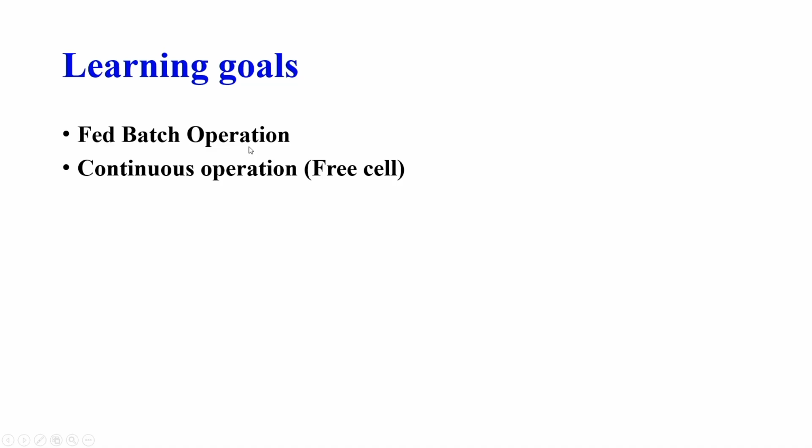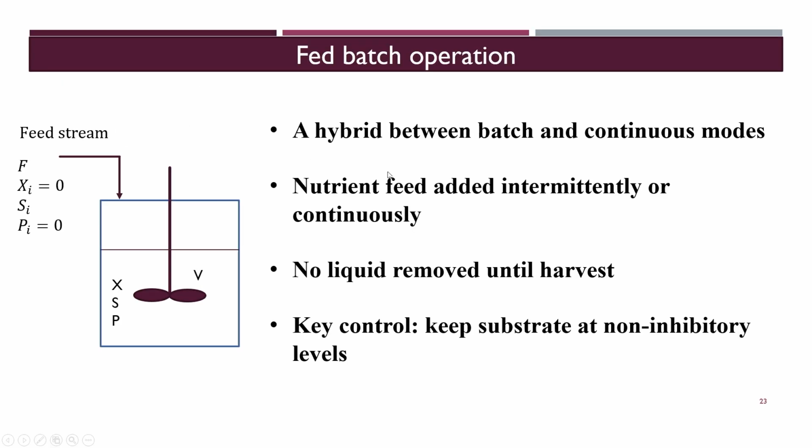As you know, the fed batch is intermediate between batch and continuous culture, and then we will go with the continuous operation. Today we will be discussing continuous operation with free cells. So, fed batch operation, as I told, there is an inlet stream, but there is no outlet stream.